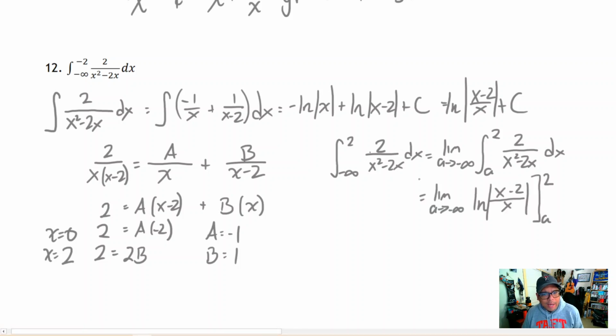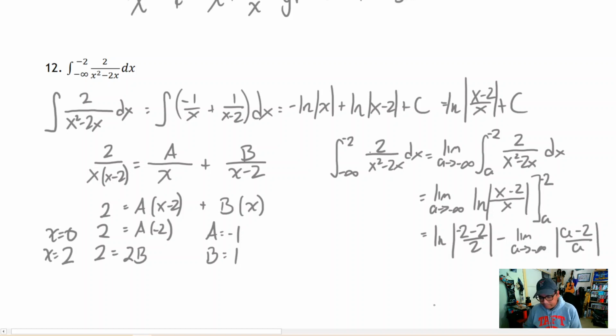And now that I've found my antiderivative, I can make this substitution really easily. This is equal to the limit of the natural log of absolute value x minus 2 over x from a to 2. Using our substitution, we'll get the natural log of the absolute value of 2 minus 2 over 2, minus the limit as a approaches negative infinity of the natural log of the absolute value of a minus 2 over a.